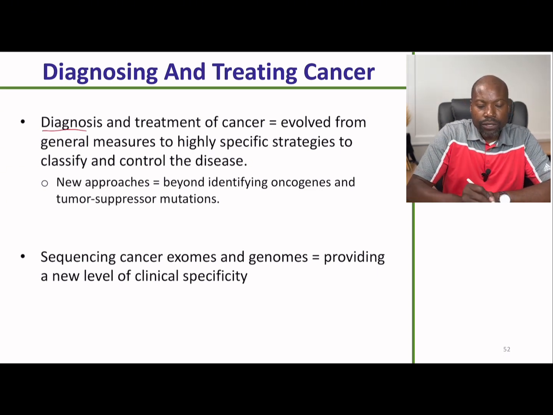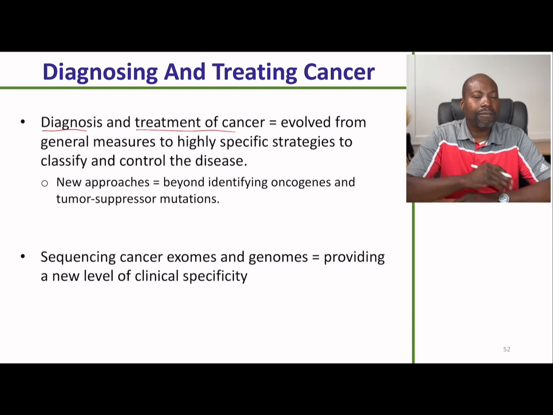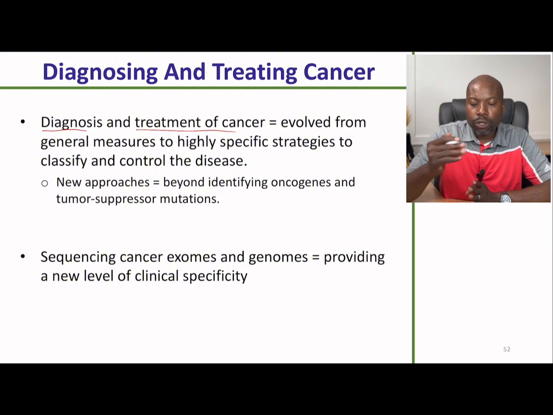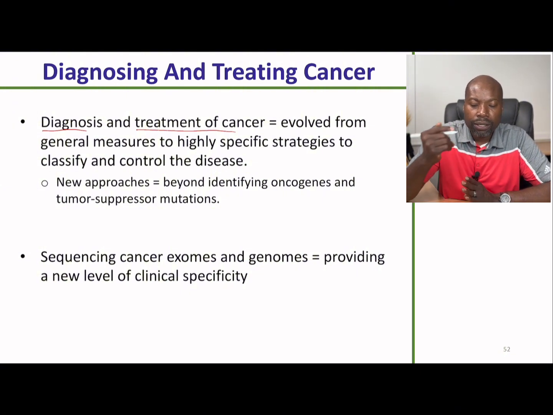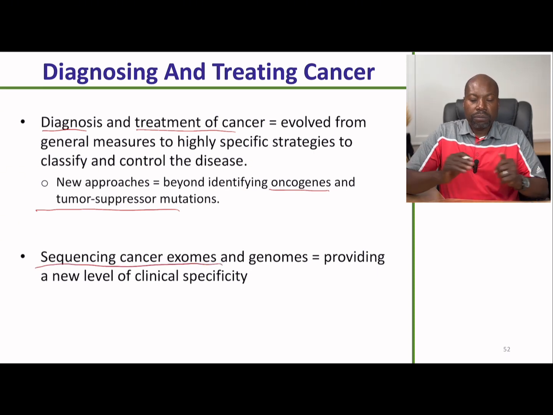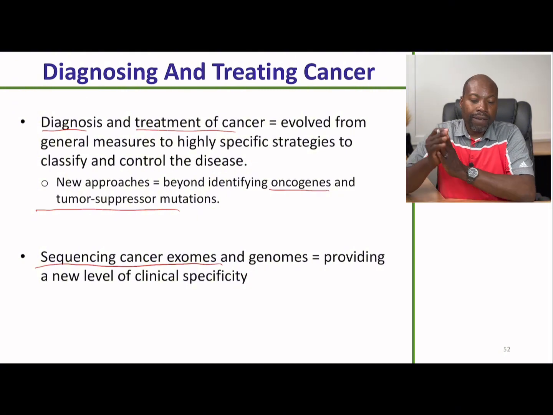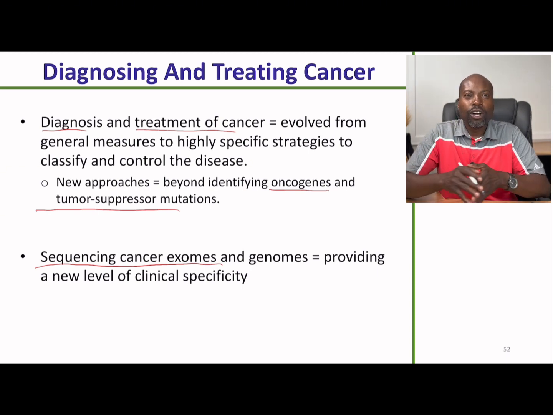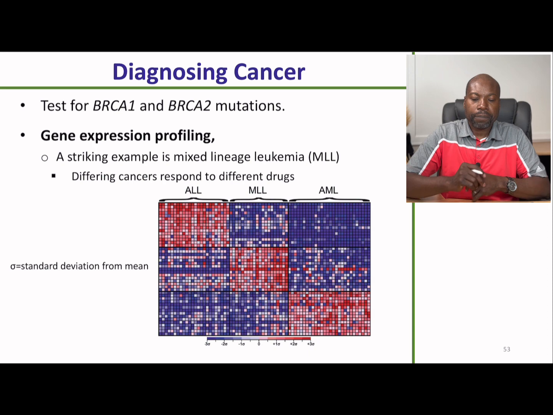So the diagnosis and treatment of cancer have evolved tremendously, right? We have new approaches that go beyond identifying simply oncogenes and tumor suppressor genes, right? They are doing sequencing of genomes, right? Sequencing of exomes that allow to have a more targeted knowledge, a more targeted treatment.